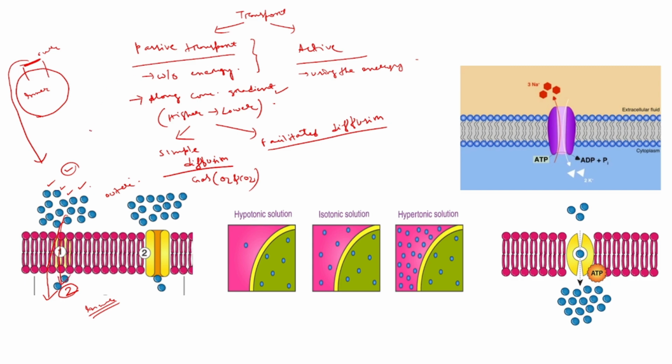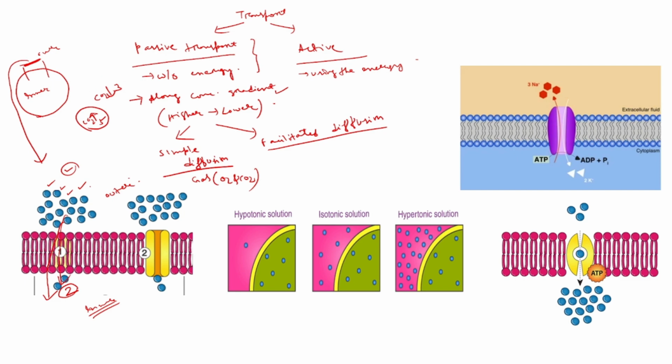Let us say this is the cell. Inside, let us say the carbon dioxide is more. Suppose outside the carbon dioxide is low concentration. Let us suppose 5 molecules of carbon dioxide are present inside and 3 CO2 molecules are present outside.